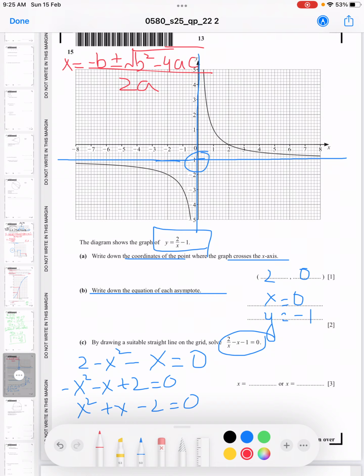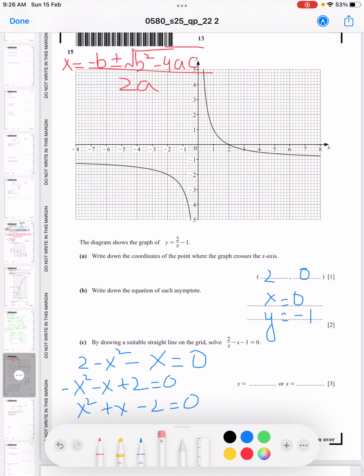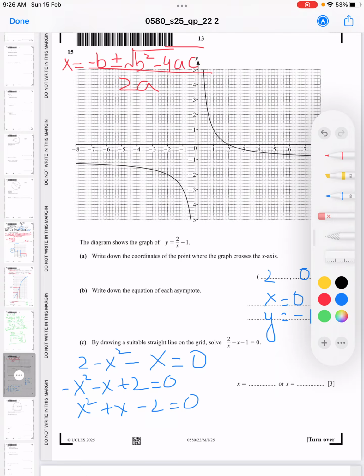Now substitute the values. We all know the values of a, b and c are these. This one is a, that is 1, this one is b, that is 1, and this one is c, right?